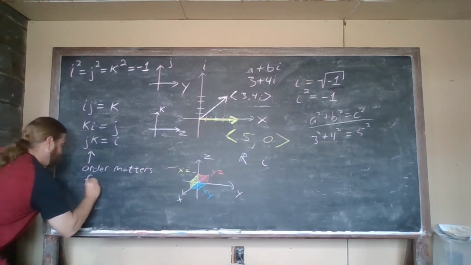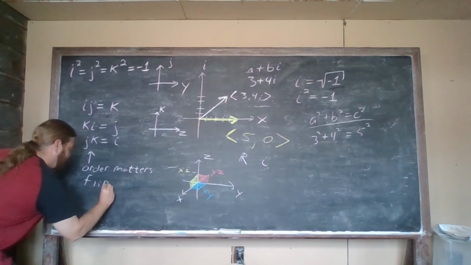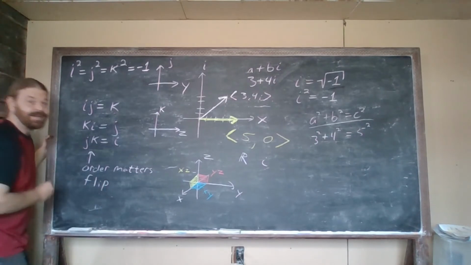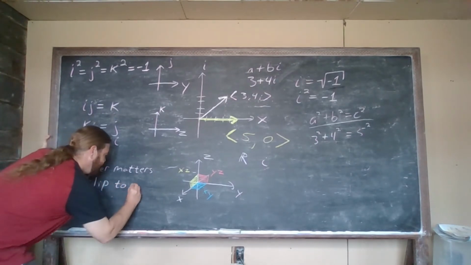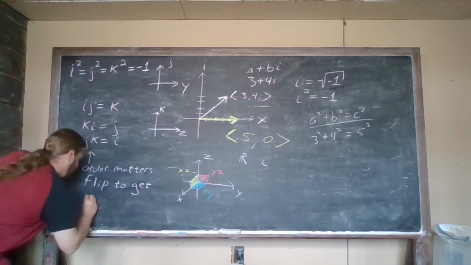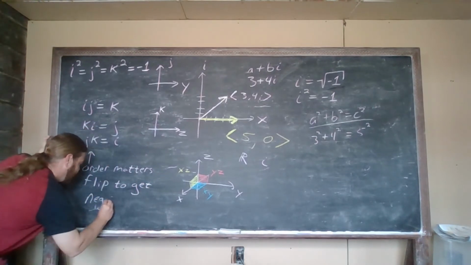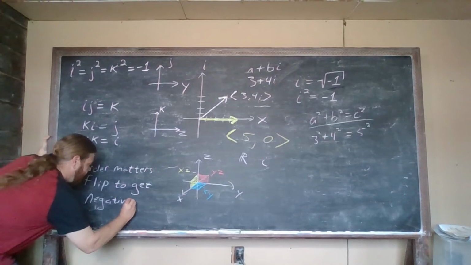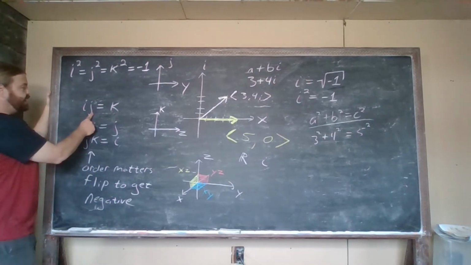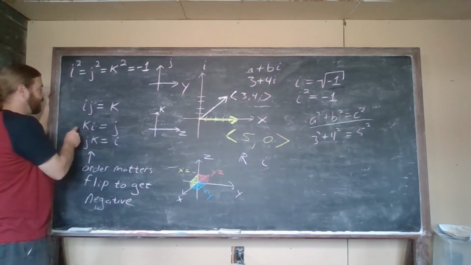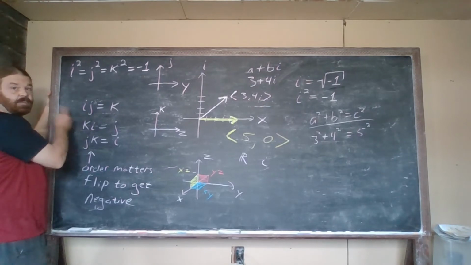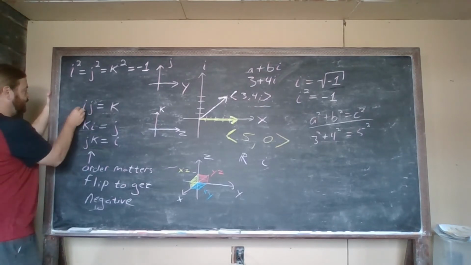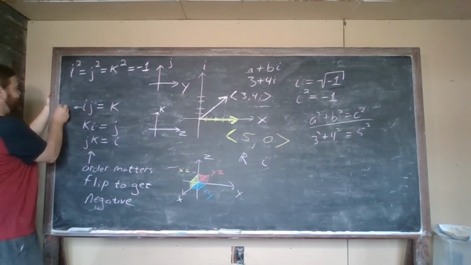Order matters. So flip to get negative. So I times J gives us K, but J times I would give us negative K. Would it be confusing if I wrote it this way?